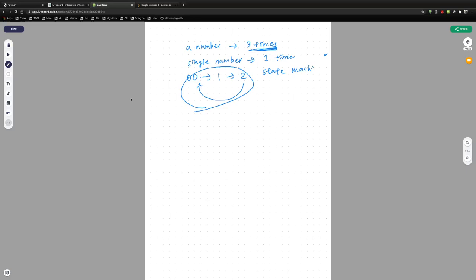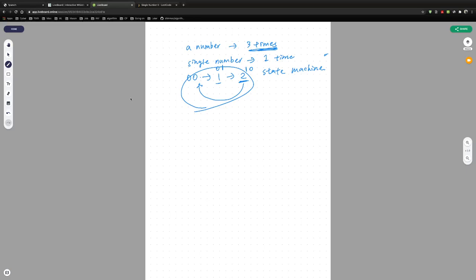To calculate the result from the state machine, the regularity, we need to use a truth table. And we need 2 bits because 2 becomes 1 0 and 1 becomes 0 1.